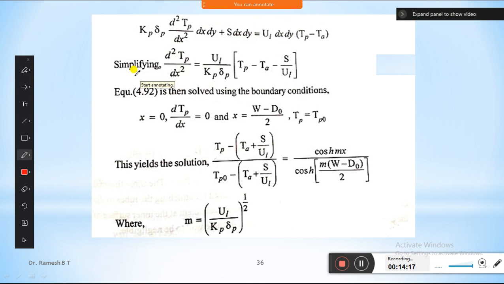Kp into delta p, where delta p is the thickness of the plate, Kp into delta p into d square Tp by dx square, that is the change in temperature along the x direction, into dx dy, since we are considering a small element.